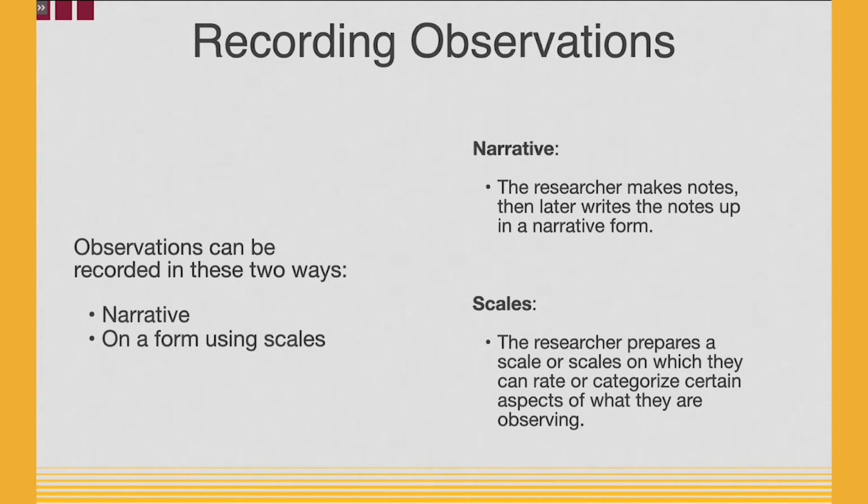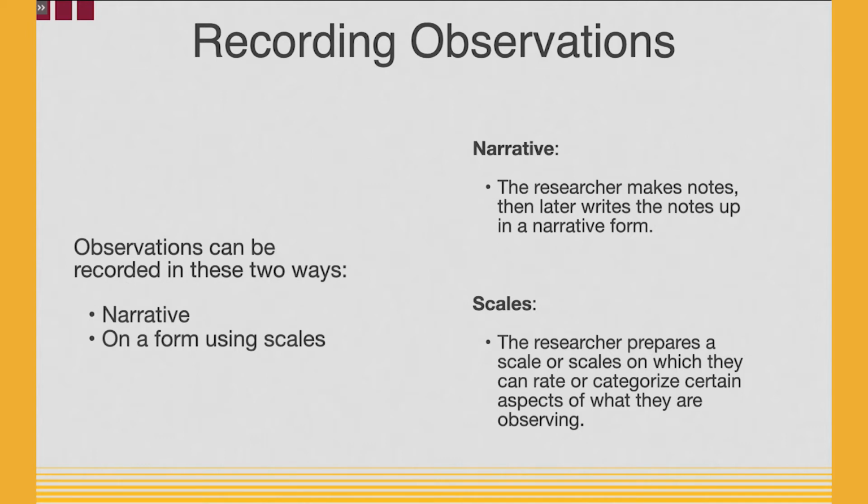Another way you can do it is, instead of writing down notes, use a pre-made form for each participant that you're observing, and then use that form to check things that you see.